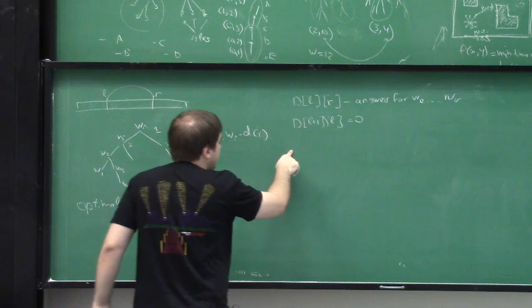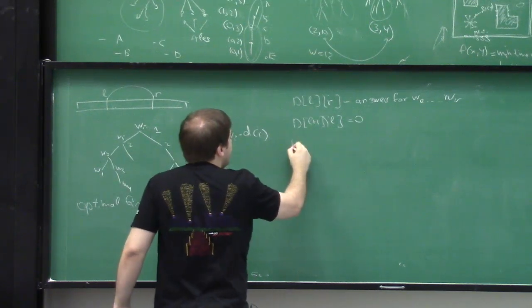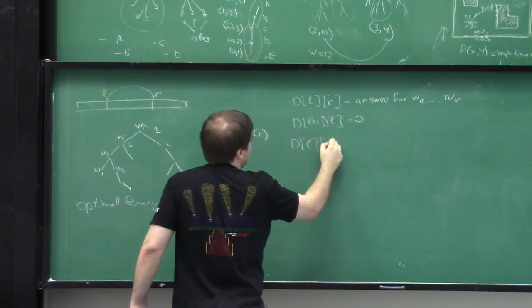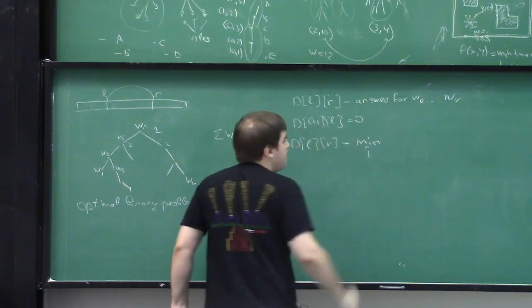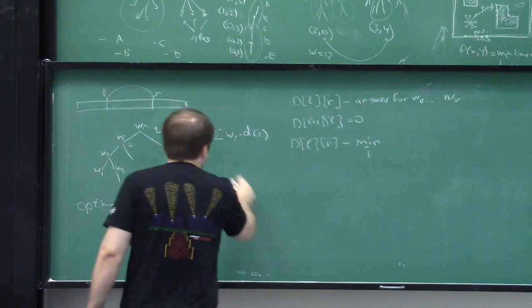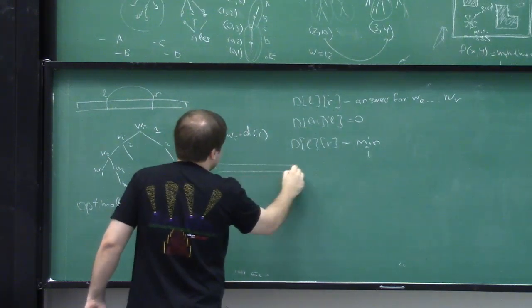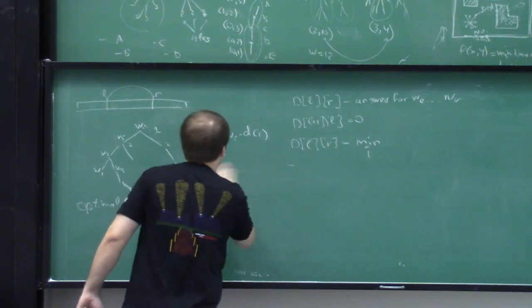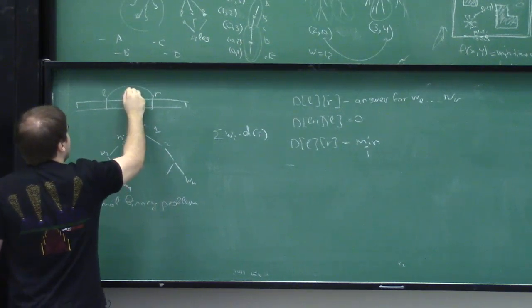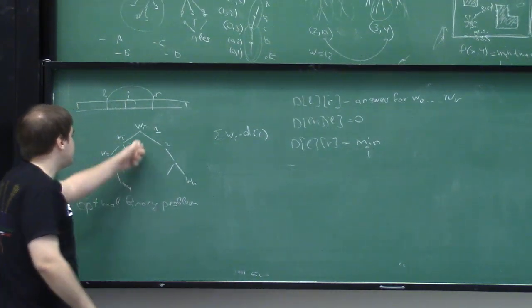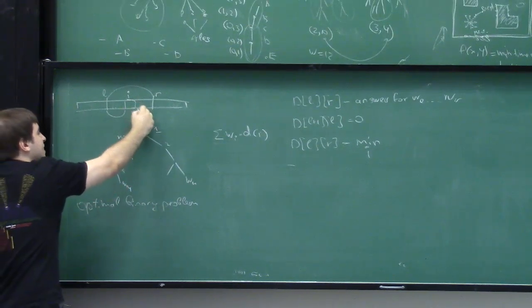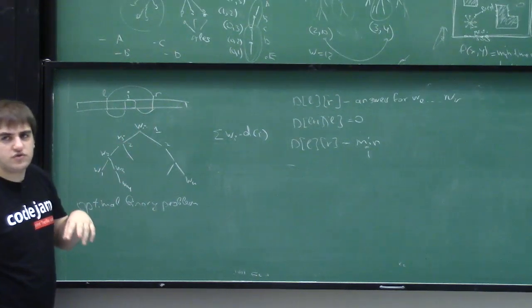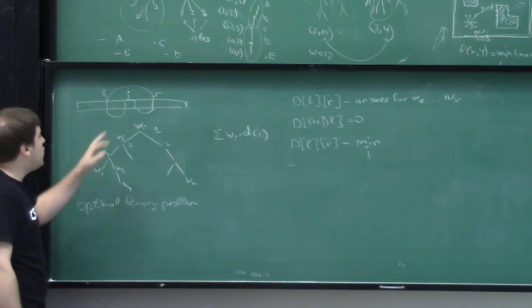And for a non-empty segment, you first choose some vertex to be a root. You decide that some vertex, let's say some number i, will be the root, and then everything to the left goes to the left subtree, and everything to the right goes to the right subtree.